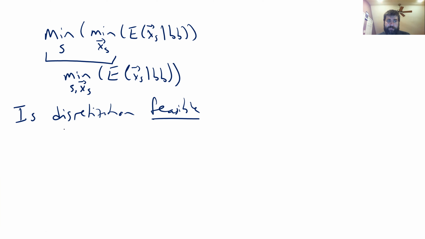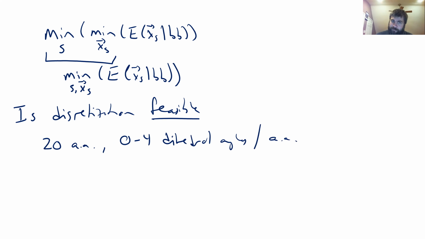So if we recall that we had 20 amino acids in general, and for each of these amino acids, we have 0 to 4 dihedral angles per amino acid. So let's just say on average, we have 2.